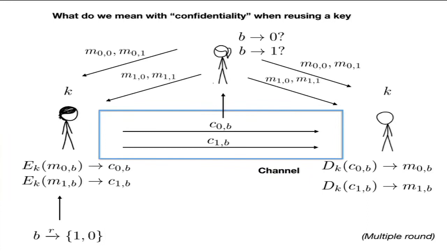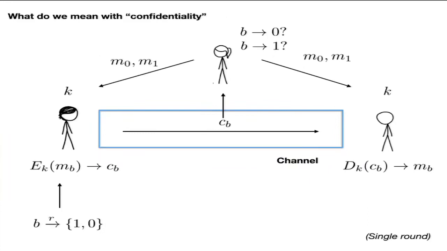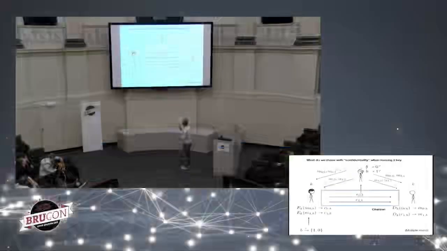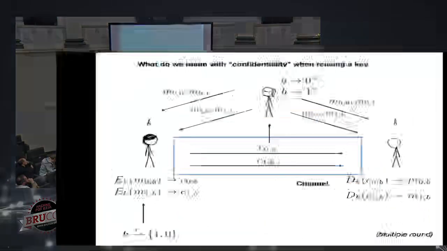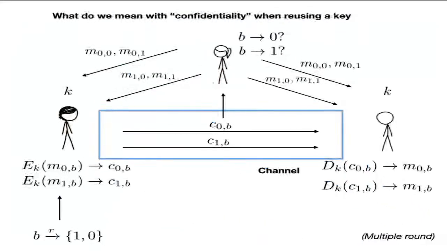So an encryption function which is secure in this model will no longer be secure in this model. If your encryption is deterministic, that specific scheme or construction will fail here. And obviously Bob is able to always get bit B. Why? Because he has a copy of the key. So that is how we formally model confidentiality.